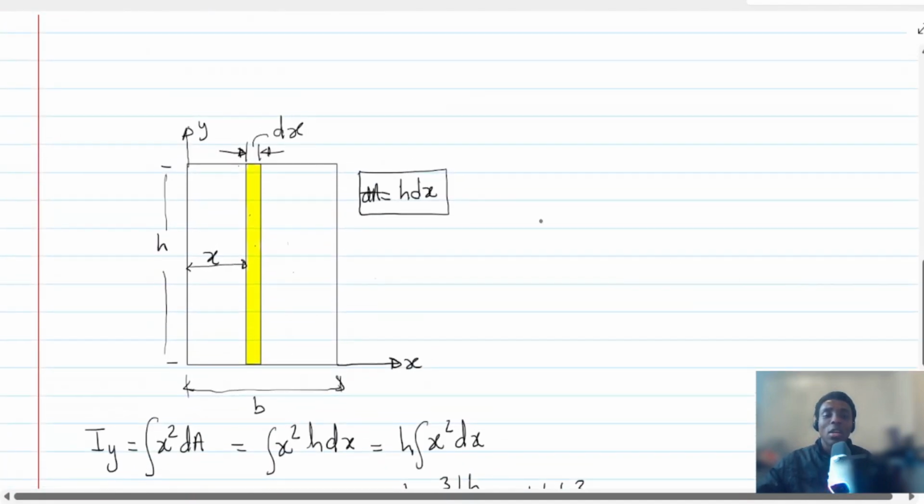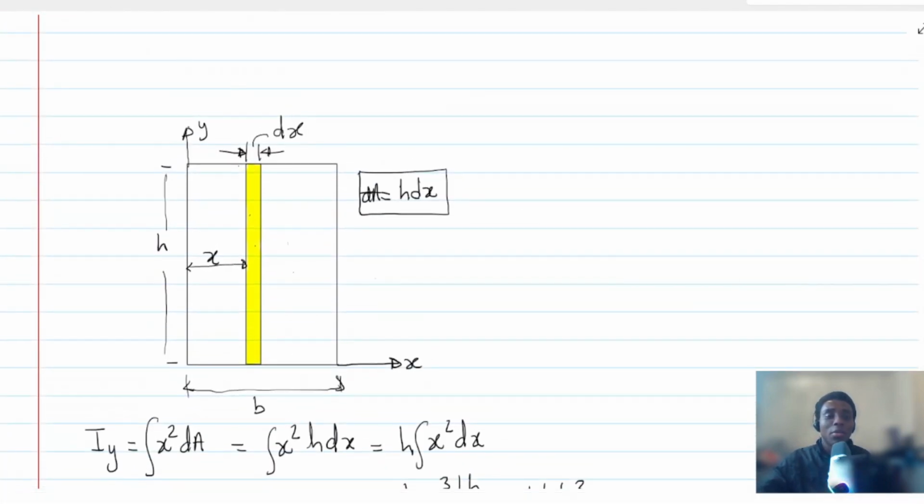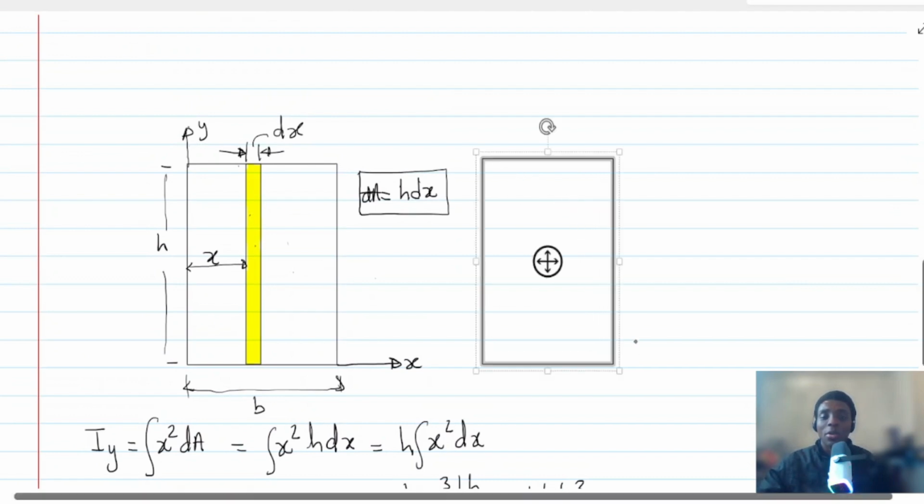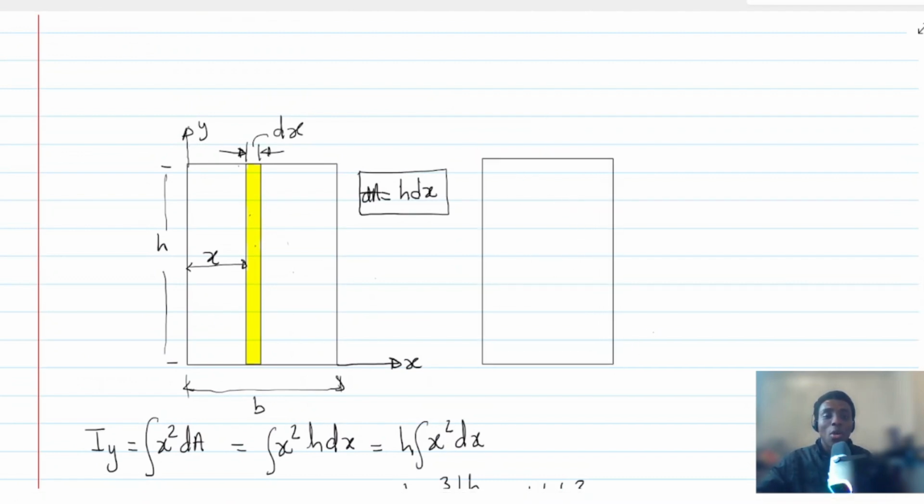And for the centroid about the y, let me draw it well so that you get it. Whenever I have a rectangle, the centroid about the y-axis will always be that axis which divides it exactly into two.